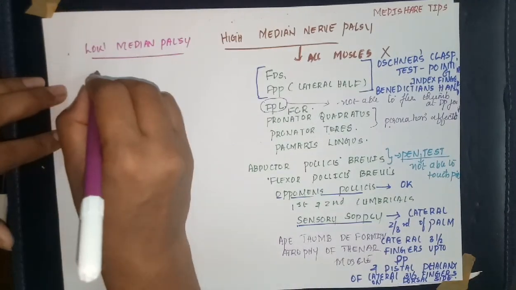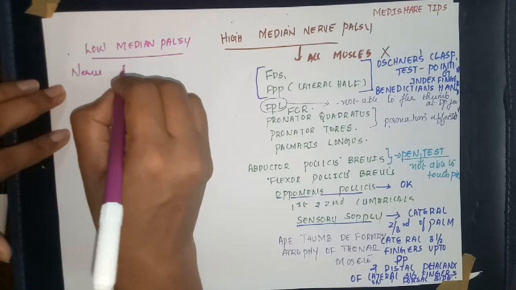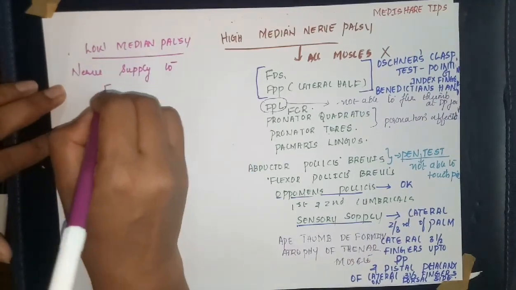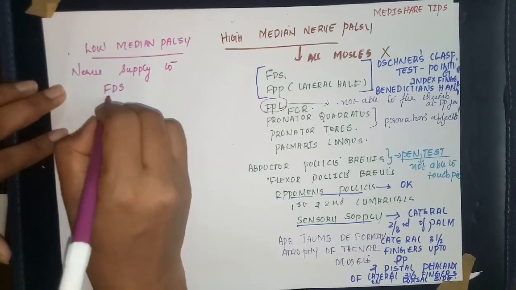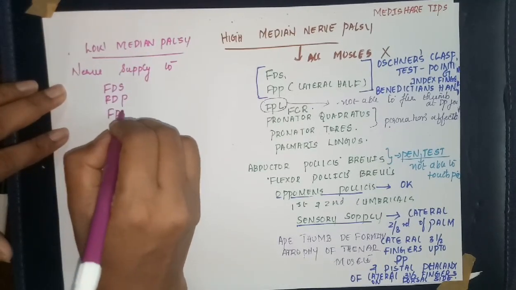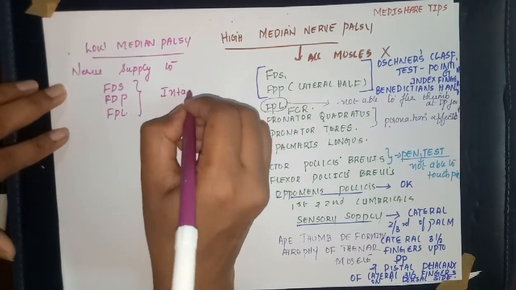So nerve supply to flexor digitorum superficialis, flexor digitorum profundus, and flexor pollicis longus are intact.